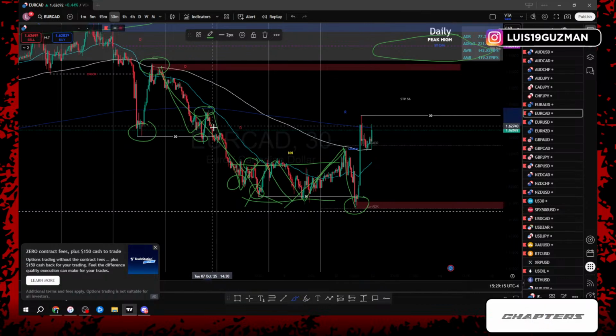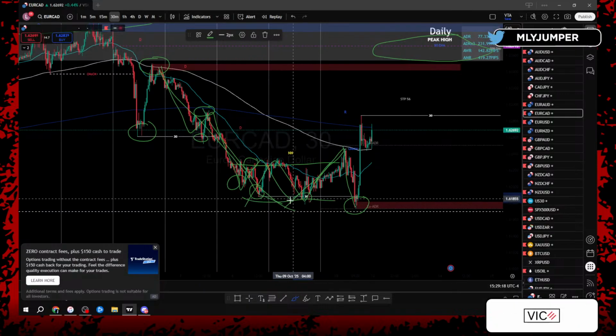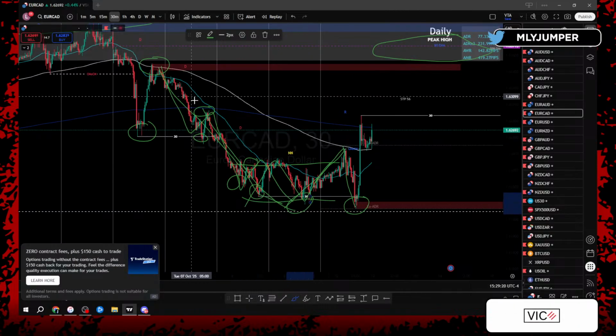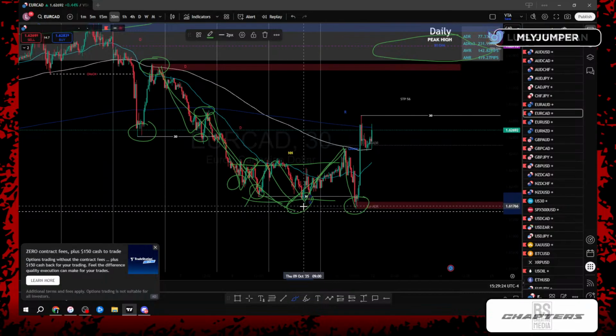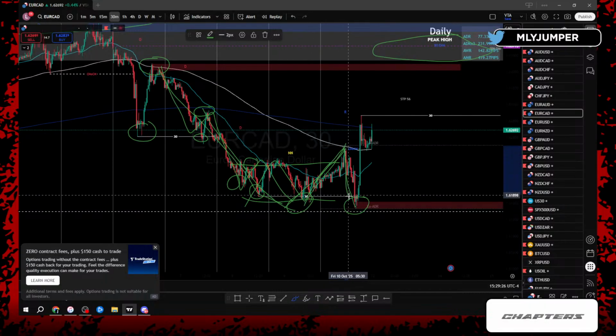So this is where price gave us the lower low from this trend. Once price stopped trending and it started moving sideways, or it gave us a pullback, it came down and gave us another lower low.